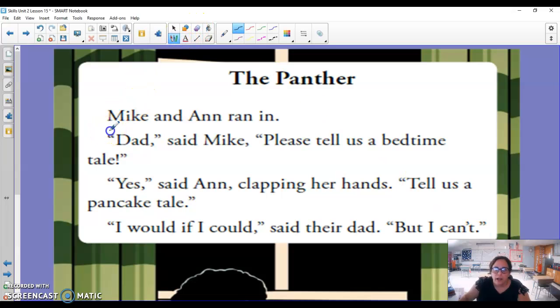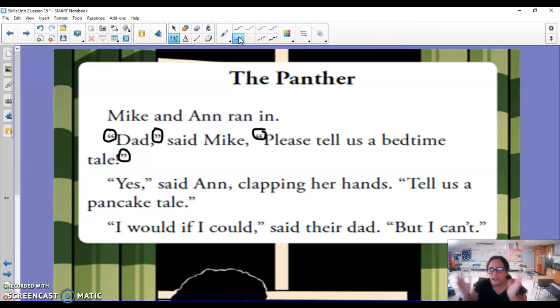Do you remember what kind of punctuation marks these are called? Yes, they're called quotation marks. Do you remember what it means when you see quotation marks? It means someone is talking. Do you know what it's called when you have characters talking back and forth to one another?